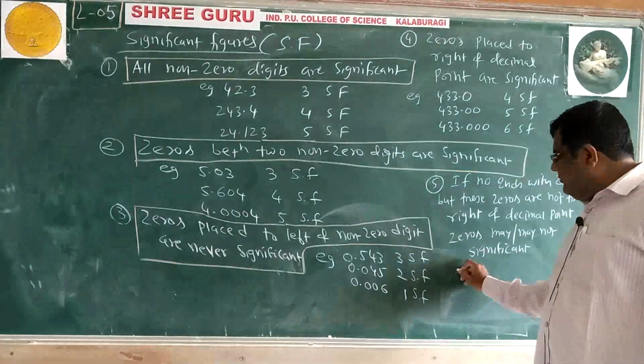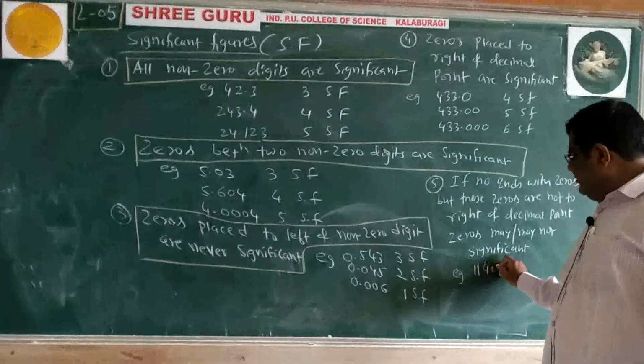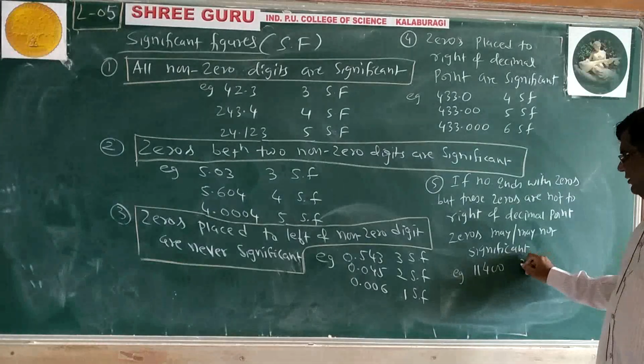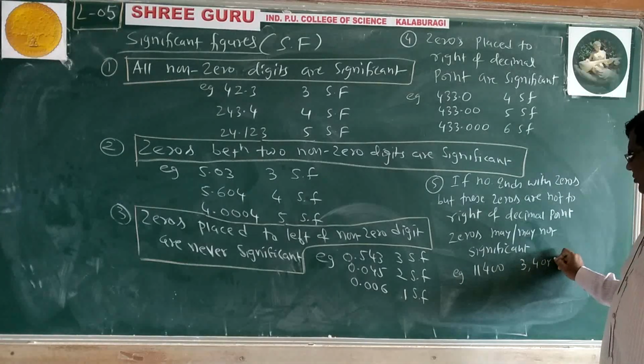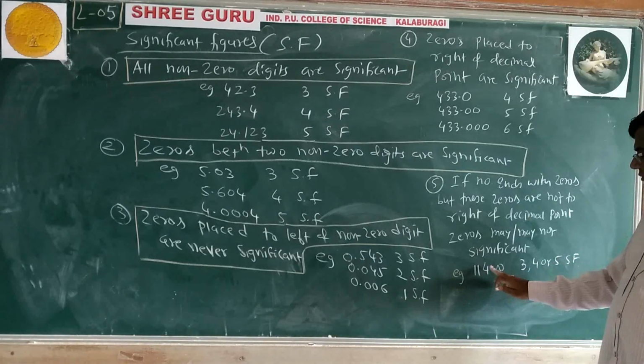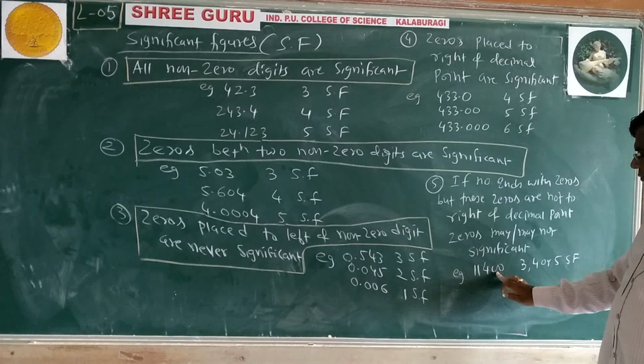For example, if we have the number 11,400, this number may have 3, 4 or 5 significant figures. 3 means 114 only. 4 means 1140 or 5 means 11400.